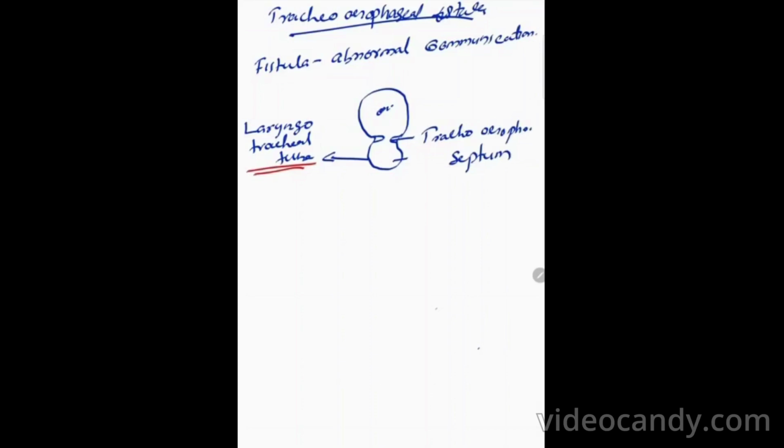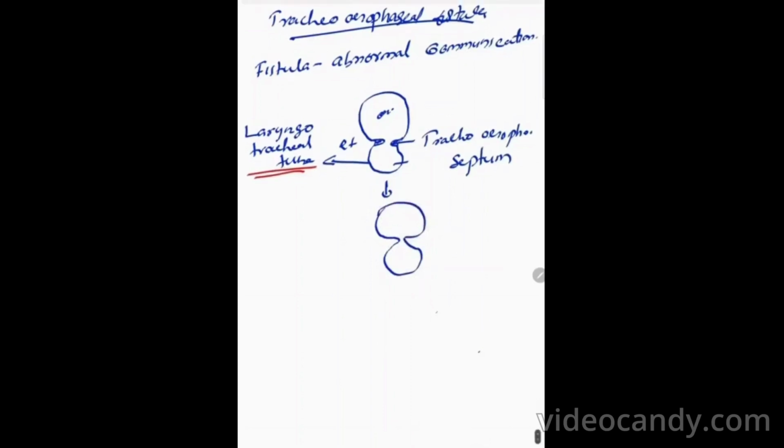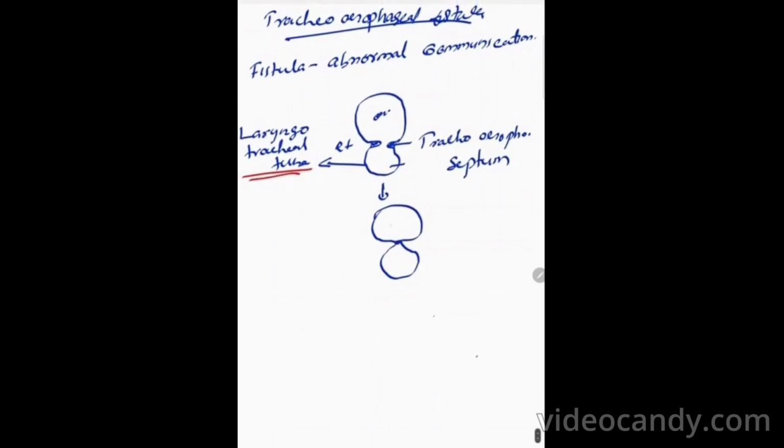During development it is present on the right side and left side: this is the right tracheoesophageal septum and this is the left tracheoesophageal septum. In the next stage this septum progresses and finally it becomes closed. As a result we get two cavities: this forms the proper esophagus and this forms the trachea.